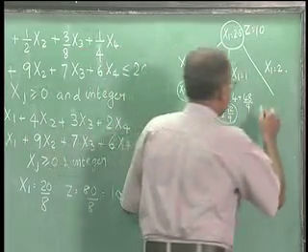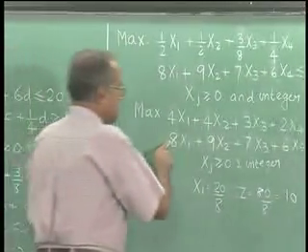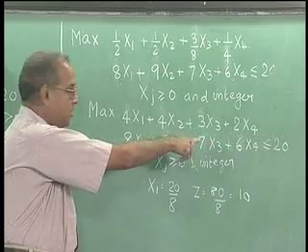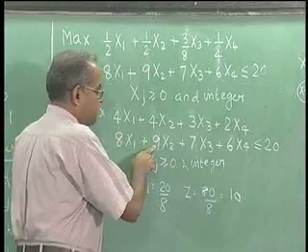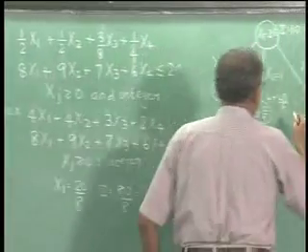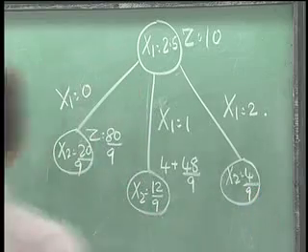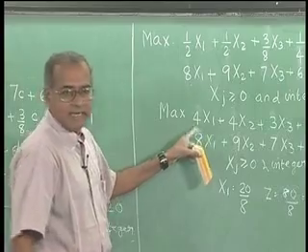Now x1 equal to 2 would give us 16 units being used. So 4 units are available. So this will get a solution x2 equal to 4 by 9, z will be 16 by 9 plus another 8.